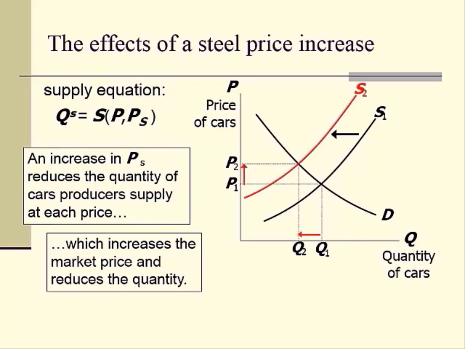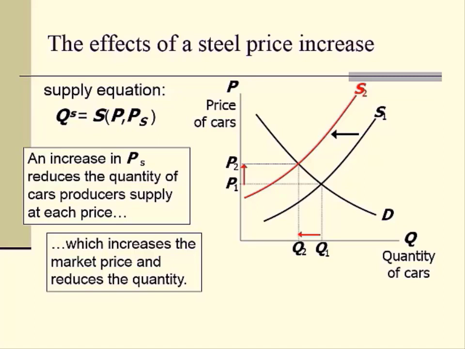On the other hand, an increase in the price of steel reduces the quantity of cars producers supply at each price, which increases the market price and reduces quantity, as you see in this graph. That is, when there's an increase in the price of steel, it's going to cause the supply curve to shift to the left from S1 to S2.